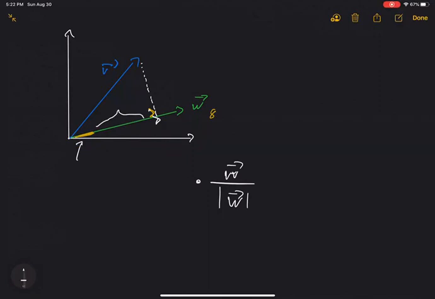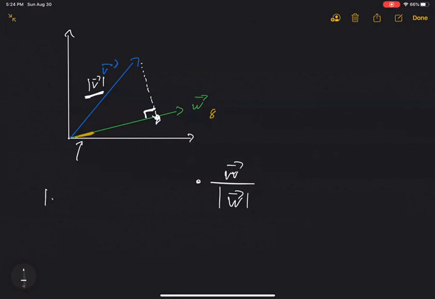Well, I know what this length is, right? That's my length of V, okay? And then if I consider the projection stopping in there, this is our right angle, right? Okay, so this is the hypotenuse. This length V is the hypotenuse of a right triangle.